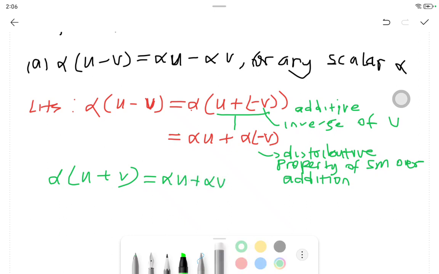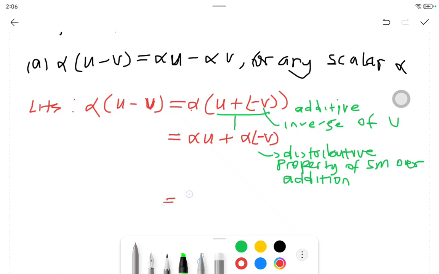I'm using that property. The reason why I had to change these two pluses is that I don't have the property where I'm distributing on a negative thing. So I'm going to do this. And then after distributing this, we know that we also have another property that says that if I have alpha times minus that, this will be minus alpha v.